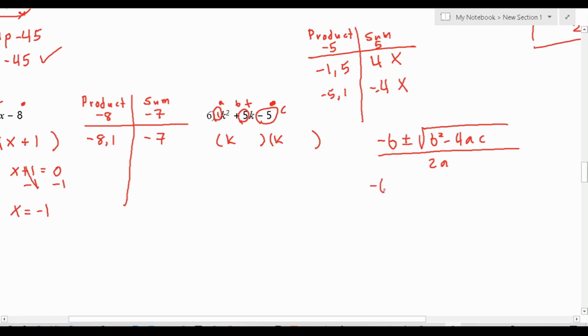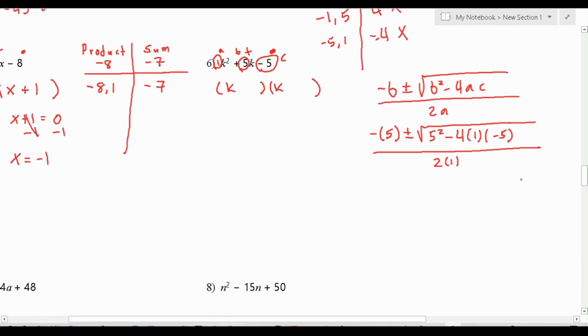Again, we have negative of 5 plus or minus the square root of b squared. That's going to be 5 squared minus 4 times a, which is 1, times c, which is negative 5. And again, that's all going to be over 2a, and as we know, a is 1.